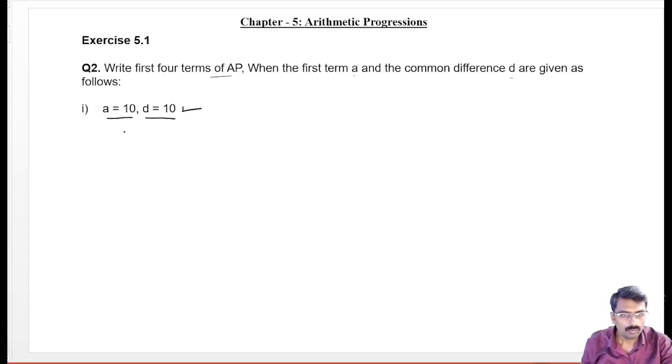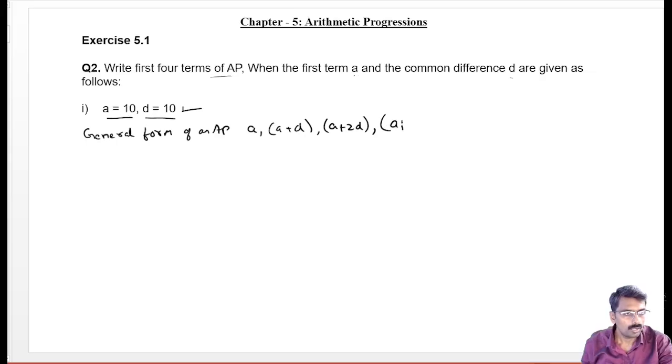To solve this, we need to know the general form of an AP. What is the general form of an AP? So we have learned this, that is a, a plus d, a plus 2d, a plus 3d and so on until the nth term.